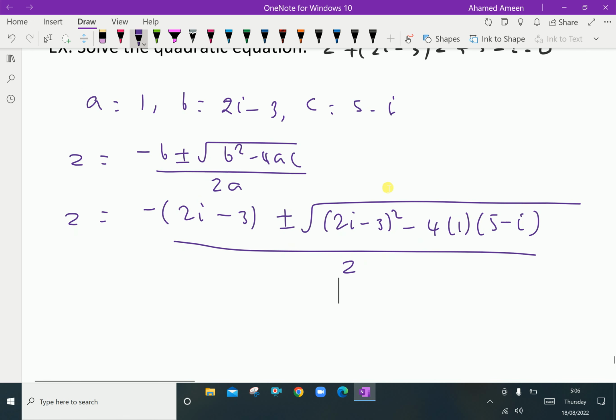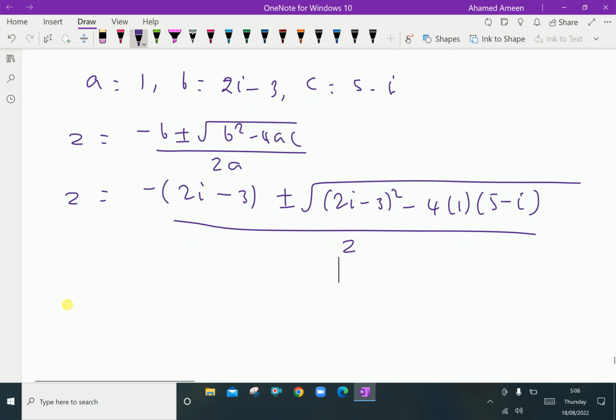So simplifying inside the square root, we have minus 15 minus 8i, all over 2.